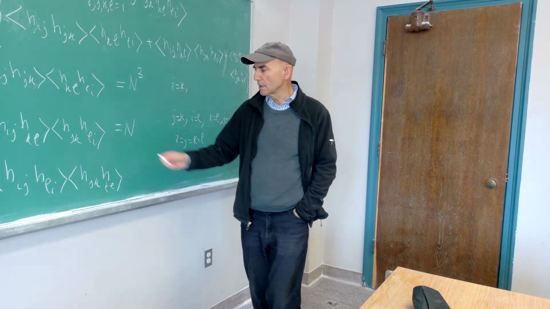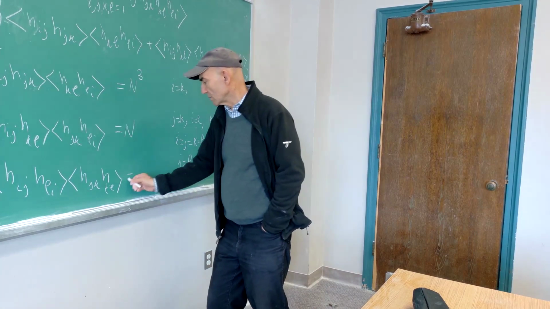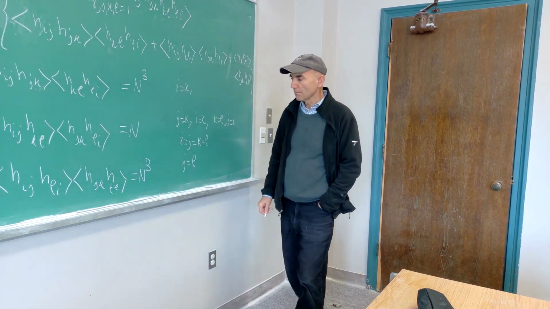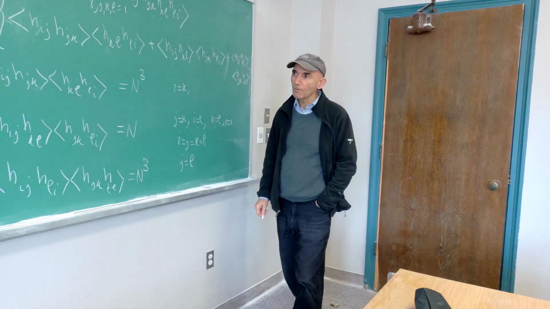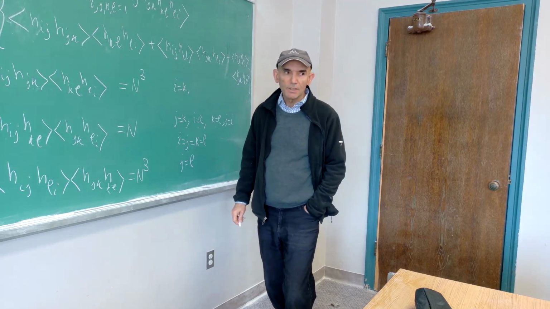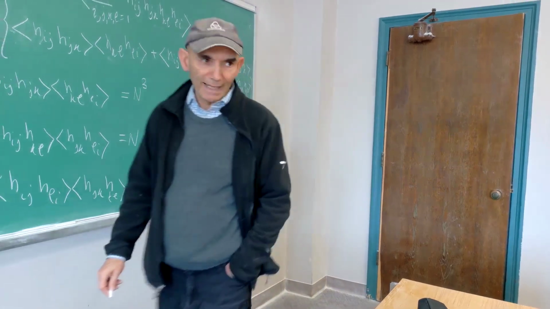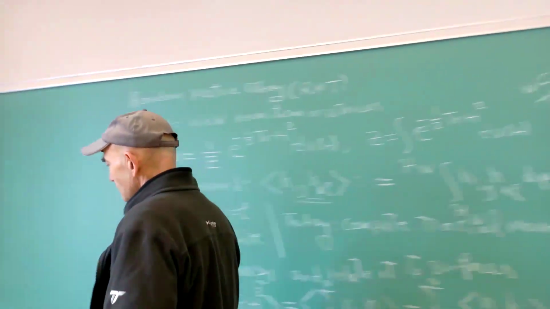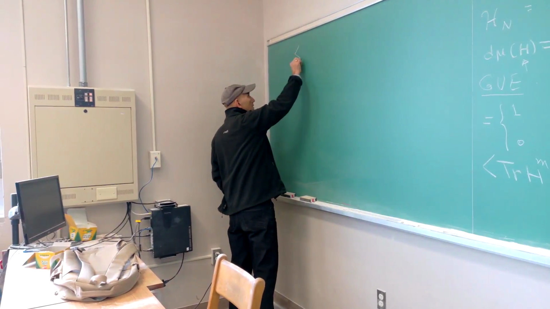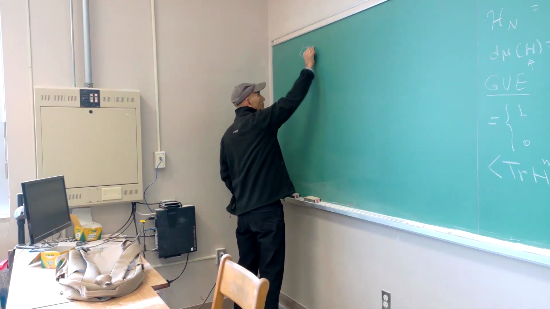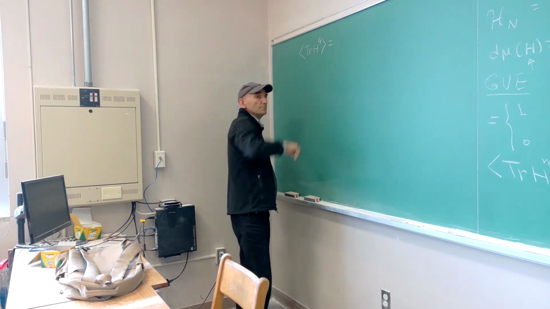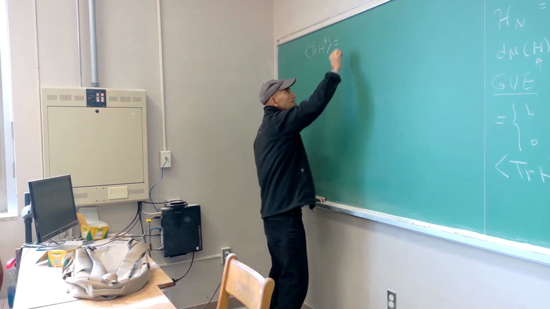So this is also equal to n cubed. Adding all these things together, we get 2n cubed plus n. So the expectation value of the trace of H4 is equal to 2n cubed plus n.